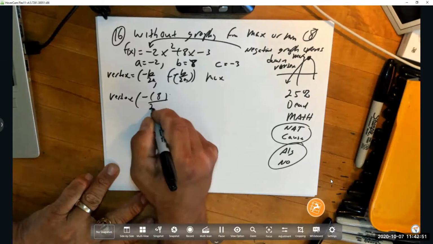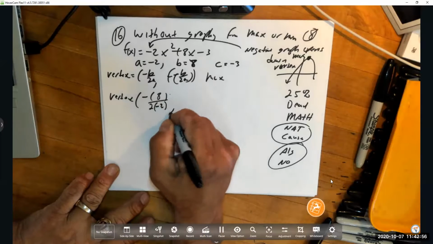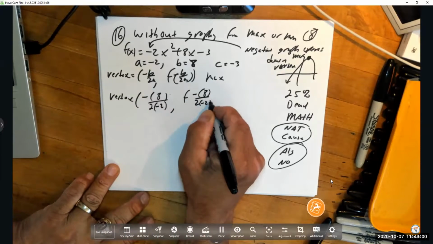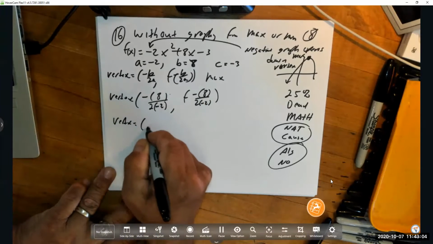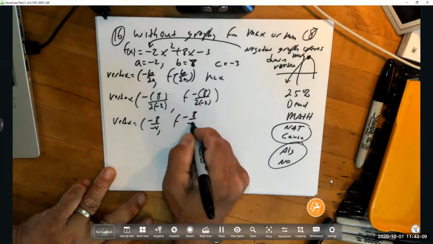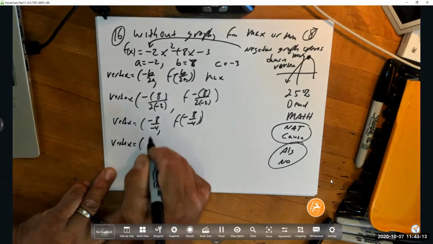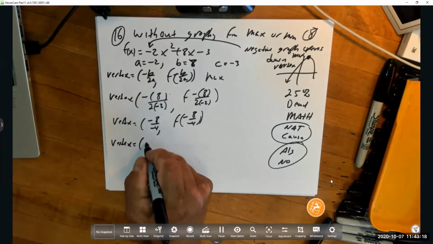And what is A? Negative 2. Yep. And then F of negative 8 over 2 times negative 2. So the vertex is negative 8 over negative 4. What do you think negative over negative is? Positive 2.